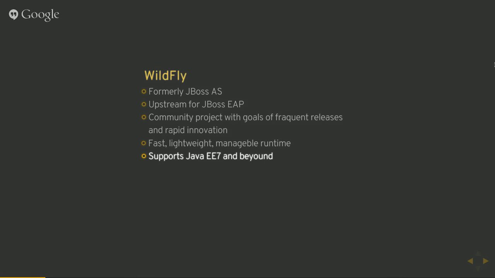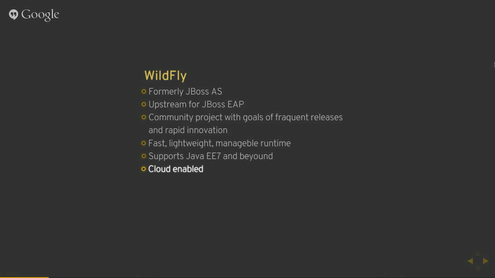And although Java EE is the major use case of Wildfly, Wildfly is not tied to it. You can use the Wildfly runtime to build different frameworks for different environments, and even for languages other than Java.